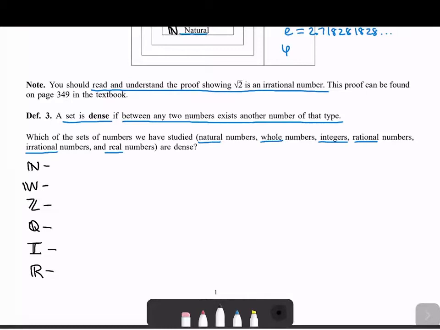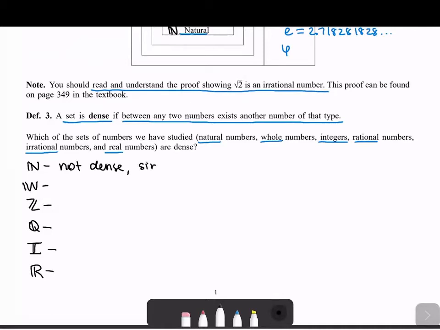Remember, a number set is dense if between any two numbers, there's another number of that type. So between 1 and 2, is there a natural number? Well, no, there's not, right? If you're just counting things on your fingers, between holding up one finger and two fingers, there's not another way you can hold up between 1 and 2 fingers and still be a natural number. You could hold up 1.5 fingers, but that's not a natural number.